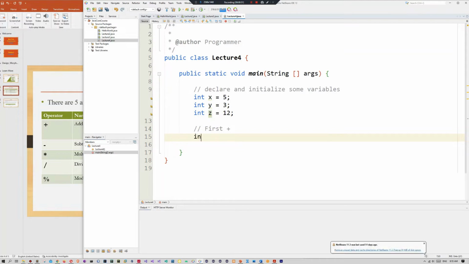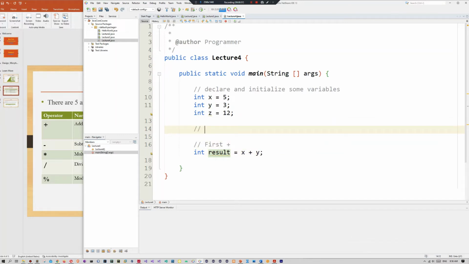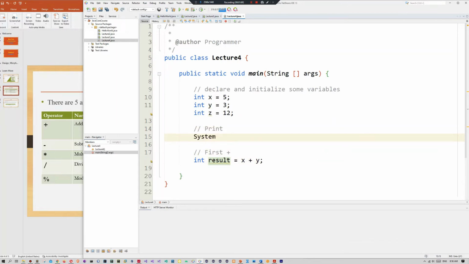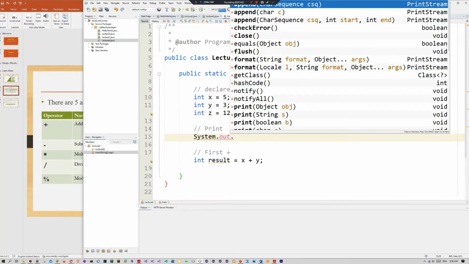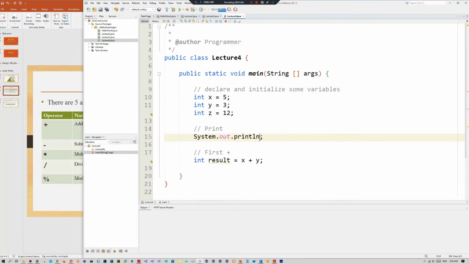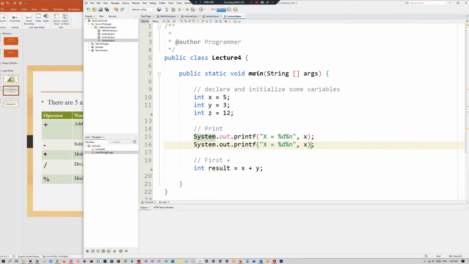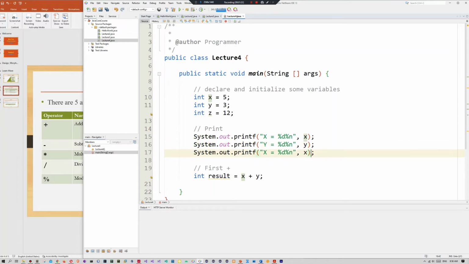Okay, first addition. int result is equal to x plus y. Let's print these: System.out.printf x, y, and z.